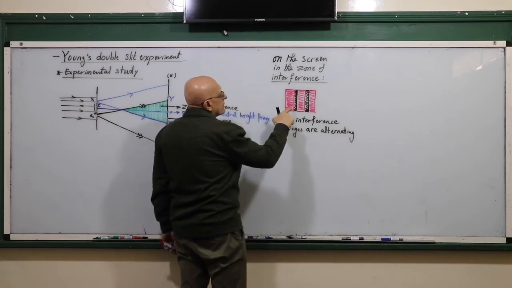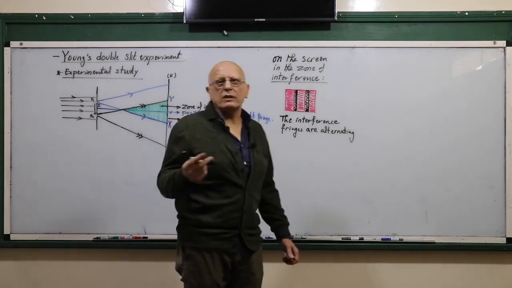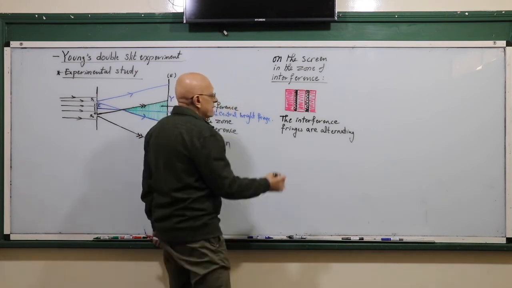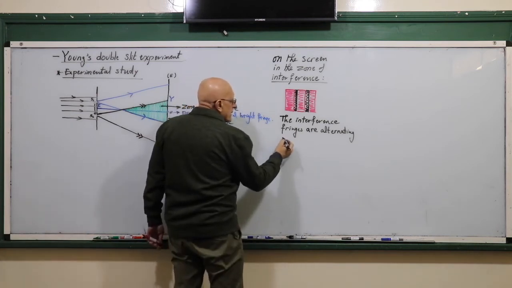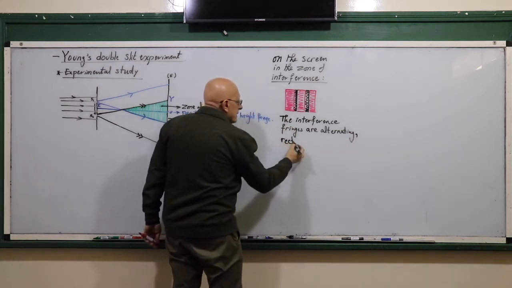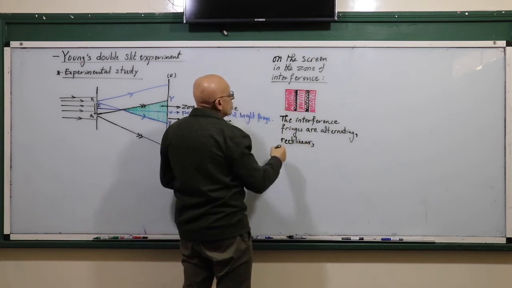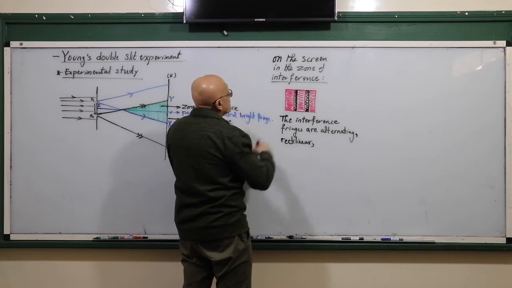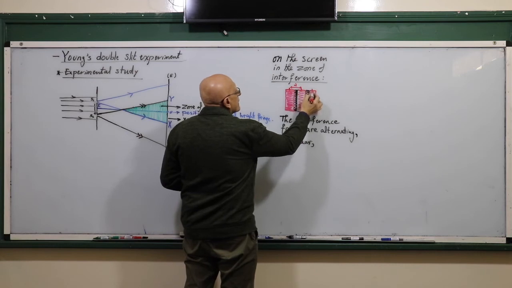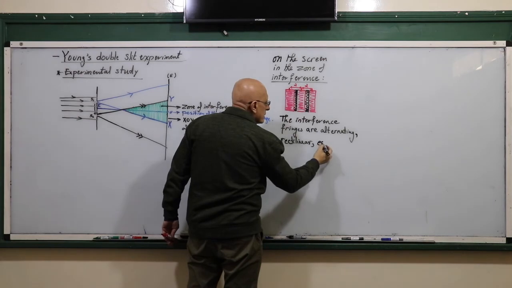Alternating means one bright, one dark, one bright, one dark. It is impossible to obtain two successive brights or two successive darks. As you see, they are rectilinear. Okay, equidistant. The distance from the center to the center here is the same as the distance from here to here. We say equidistant.